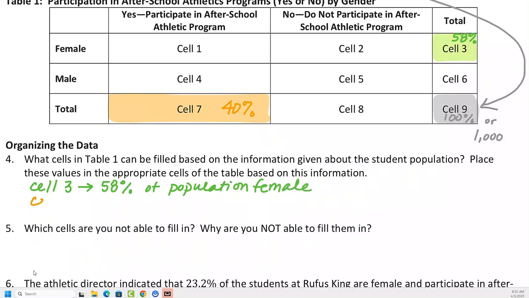We know cell 7, which is 40% of students involved in after-school program.